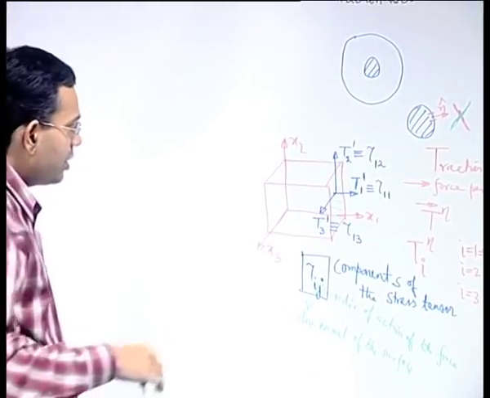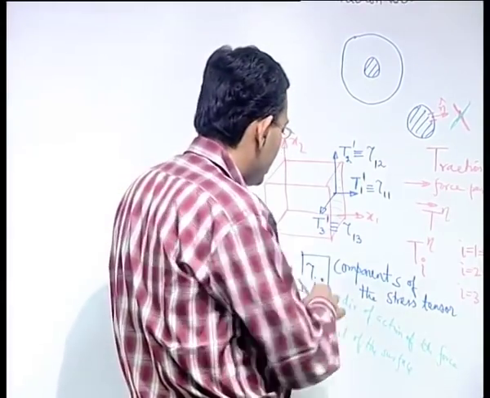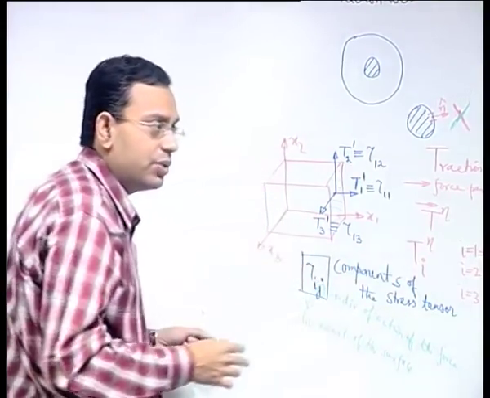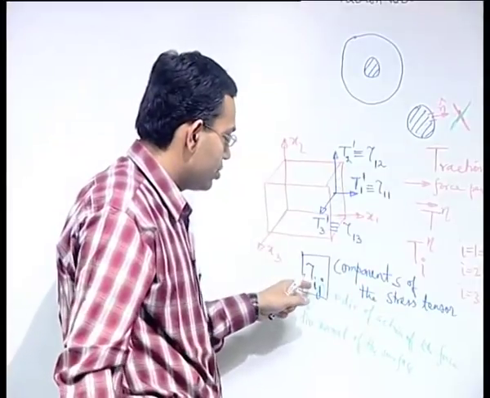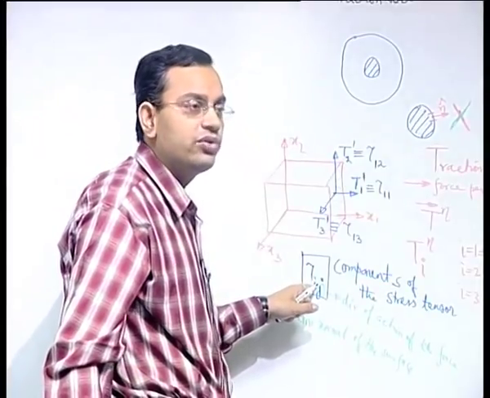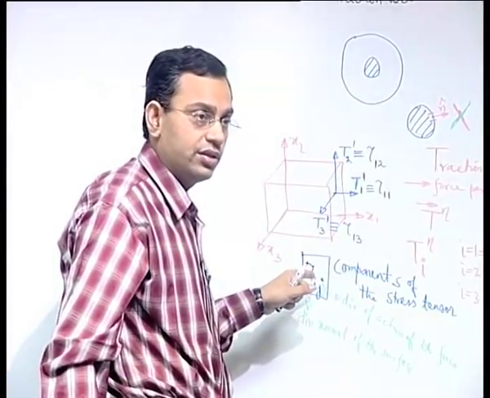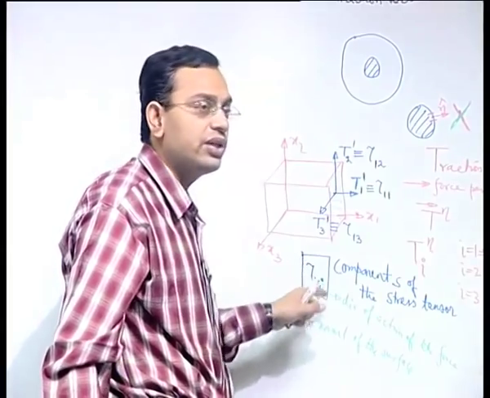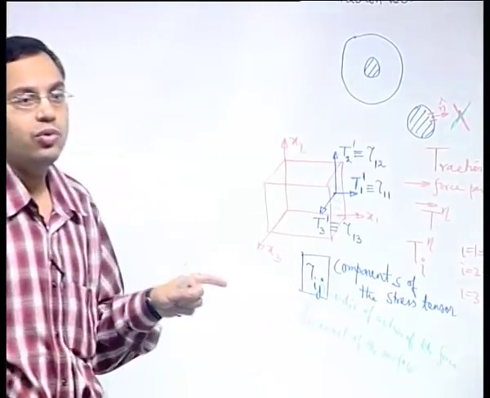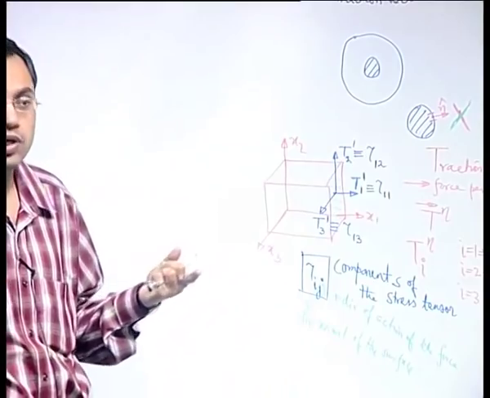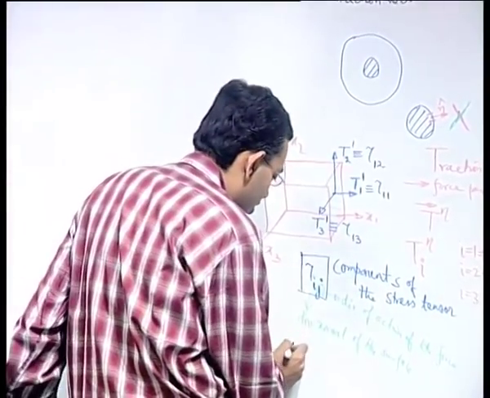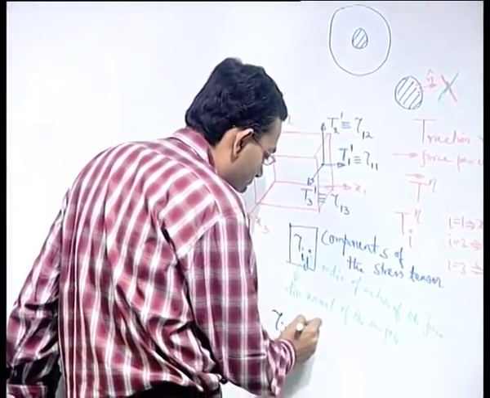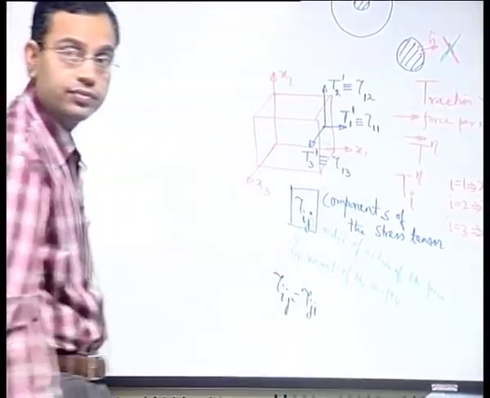Now the big question is that, if we know this tau ij, how many such components are there? So i can be from 1 to 3 and j can be from 1 to 3. So you could have 3 into 3, 9 components, but you have 6 independent components, because it can be shown from the conservation of angular momentum that tau ij is equal to tau ji.